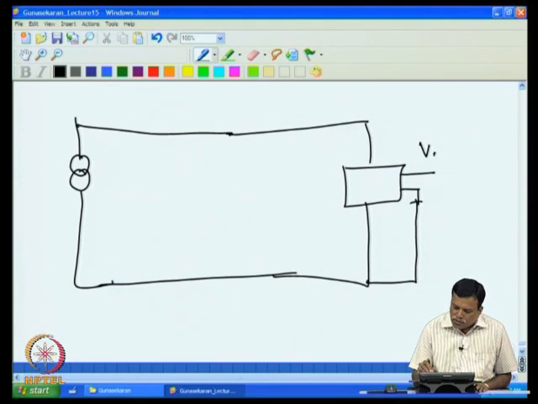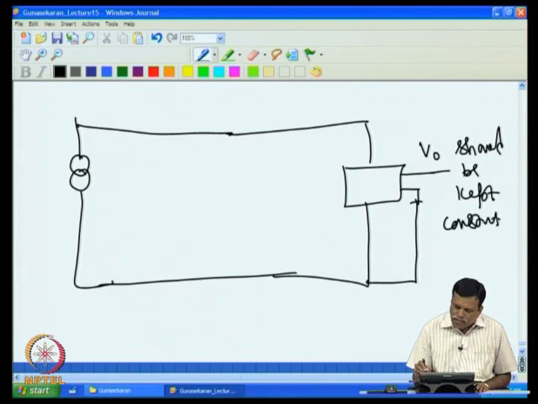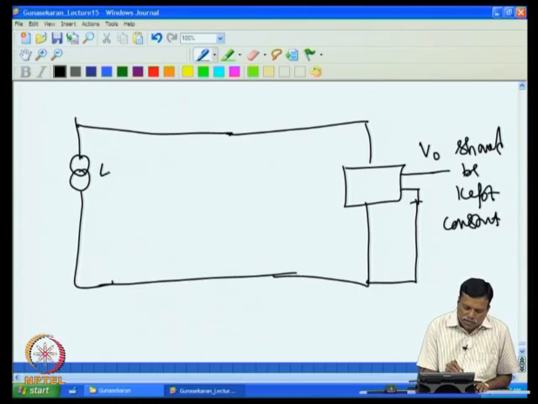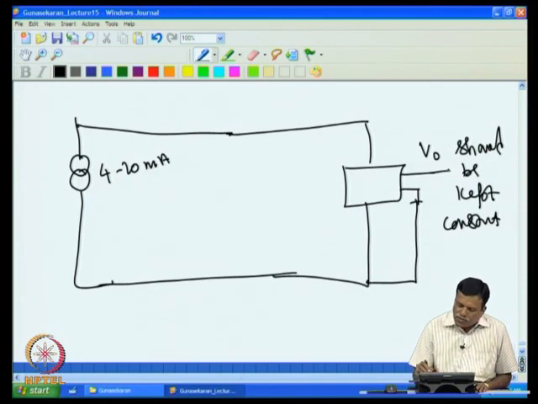This V0 has to be kept constant, even if this current varies. This current normally varies from 4 to 20 milliampere. So this is a 4 to 20 milliampere current transmitter, and even if this current varies, this voltage should be kept constant.